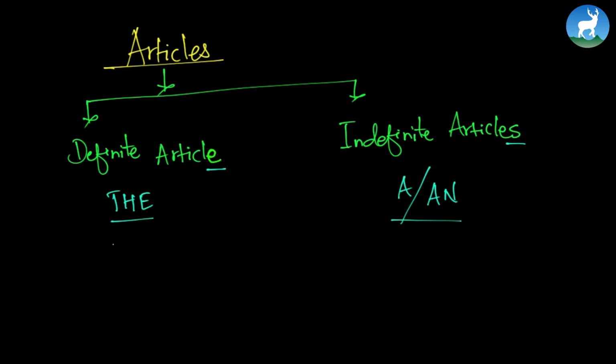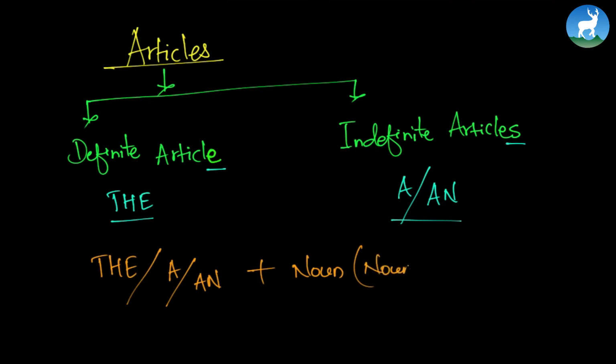They are always followed by a noun phrase. So what's the idea? The idea is these little words are always followed by a noun phrase. A, an, or the is always followed by a noun or, most of the times, a noun phrase.